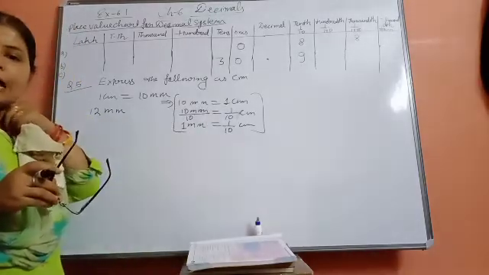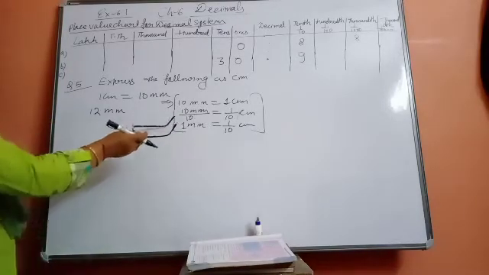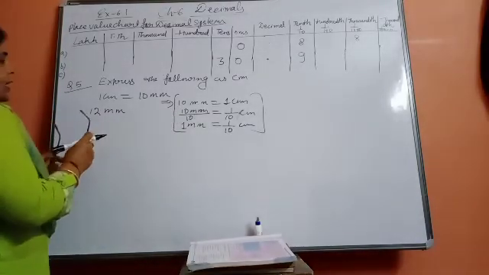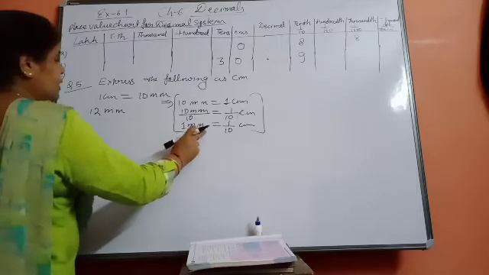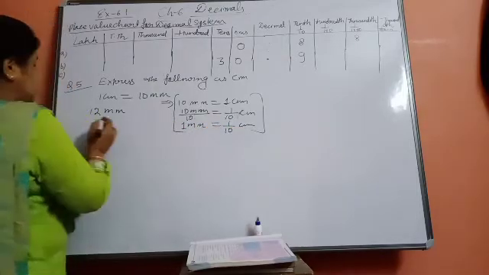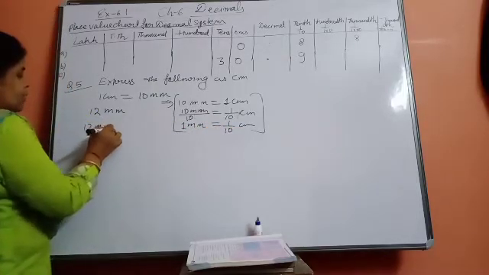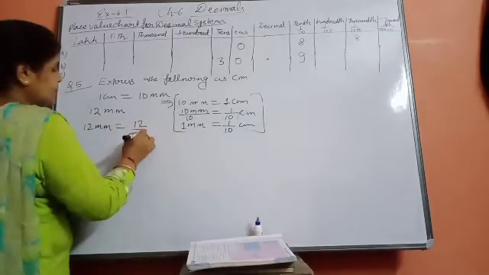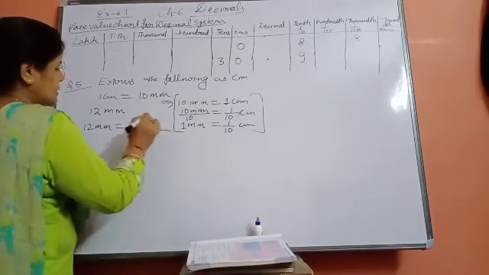You can take the help of that also. So if 1 millimeter is equal to 1 upon 10 centimeter, then 12 millimeter is equal to 12 upon 10 centimeter.